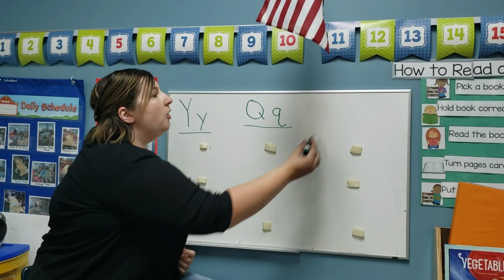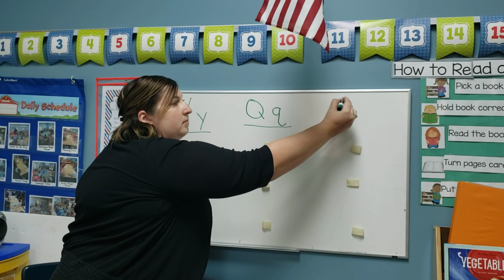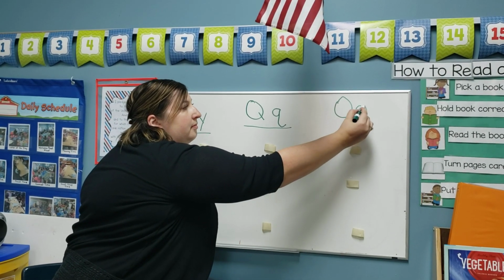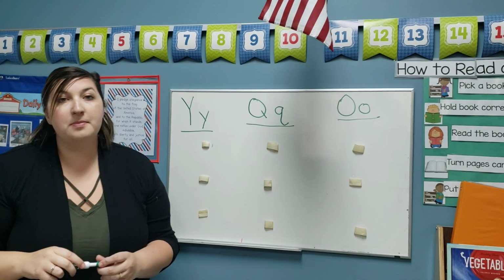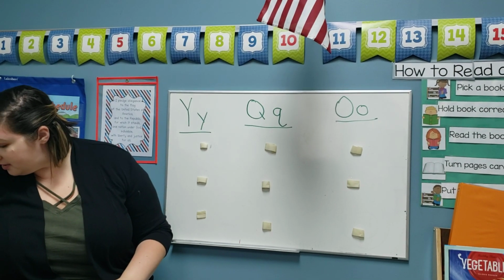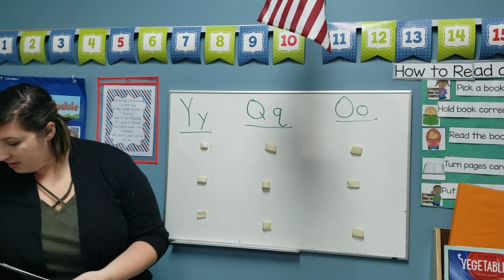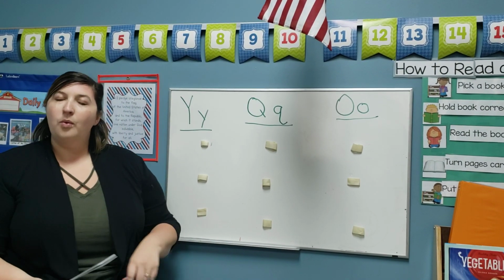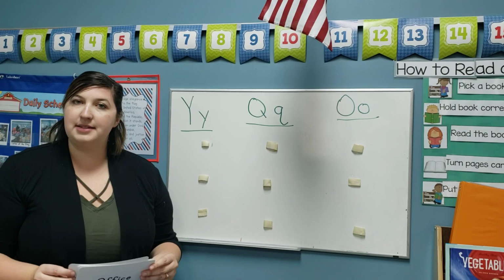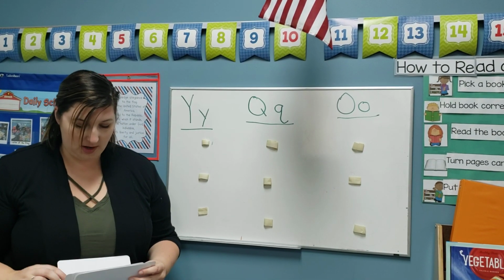Right, we talked about O. So Miss R has our picture cards. Now I'm going to see if you can tell me what the beginning sound is. All right, first one. Ready?